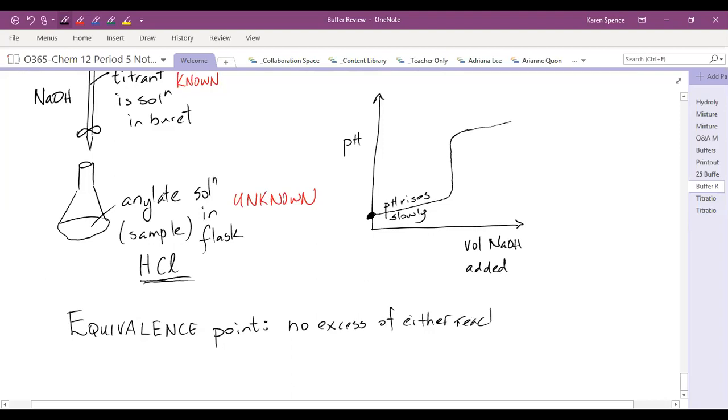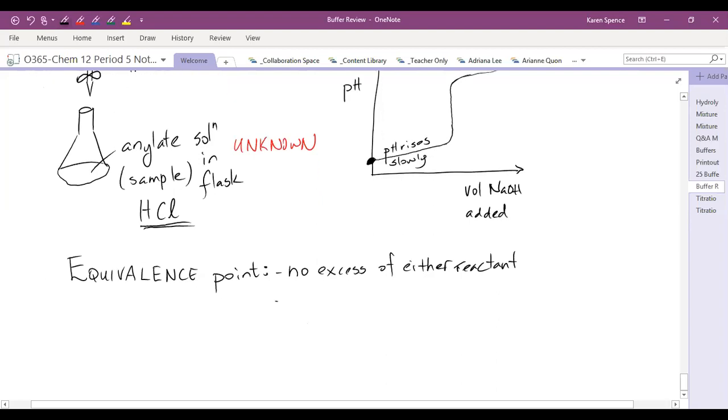Another way of saying that, if you prefer, is the stoichiometry of the equation is perfectly satisfied.